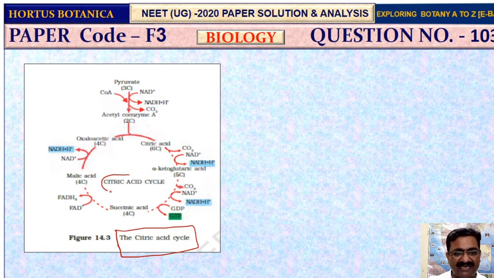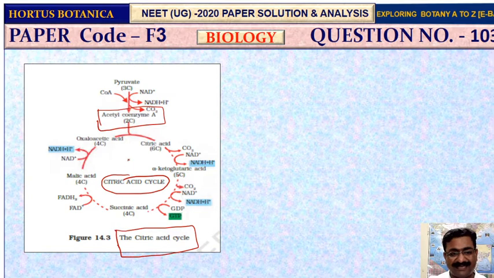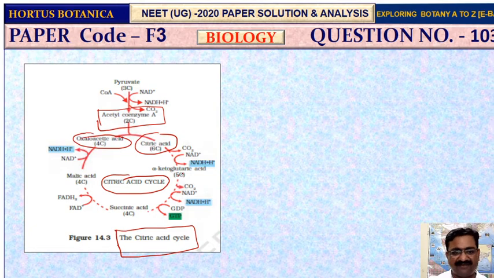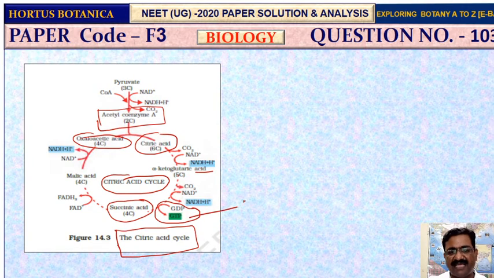See, this cycle is occurring once. This is the acetyl coenzyme, and this acetyl coenzyme is going to form citric acid with oxaloacetic acid, and finally alpha ketoglutaric acid is there, and we form here succinic acid. During this process there is a formation of GTP, and it will only form through substrate level phosphorylation.